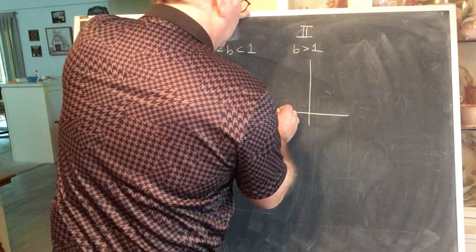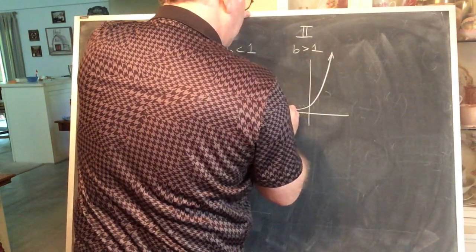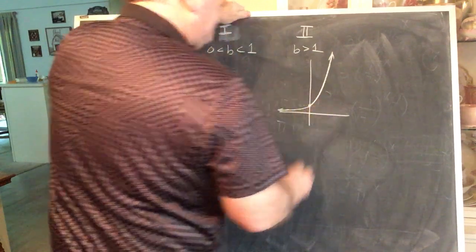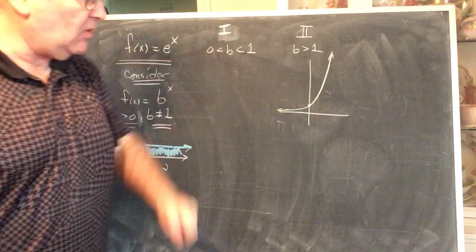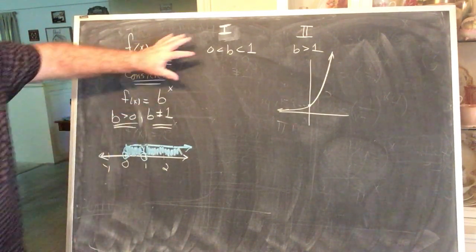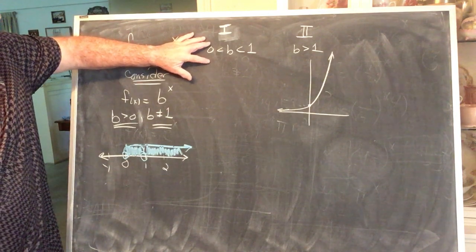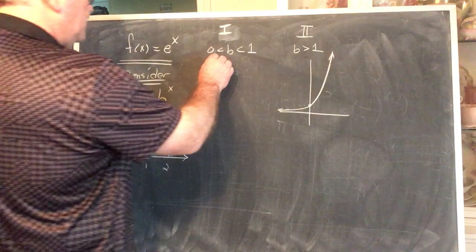The graph, roughly speaking, looks like this. And we also remember, all of these graphs of this variety pass through that point, 0, 1. Now, we have not graphed any of these. If you did, this is what would occur.